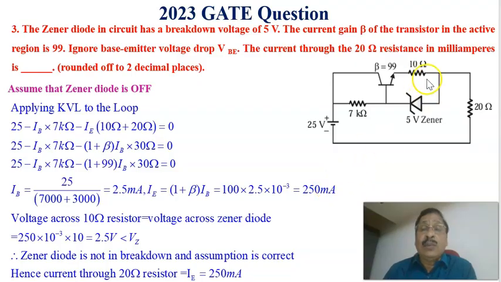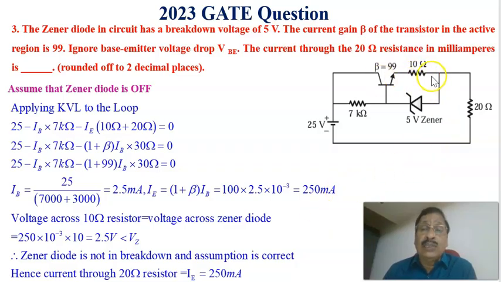Therefore, since the Zener is off, the current through the 10 ohm resistance is the same as the current through the 20 ohm resistance. One thing to be verified is the drop across the 10 ohm resistance when 250 milliampere is flowing through it.